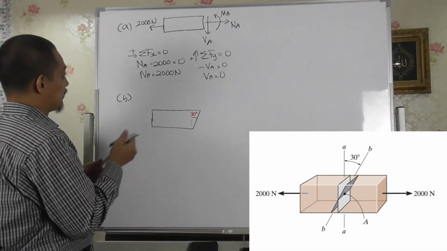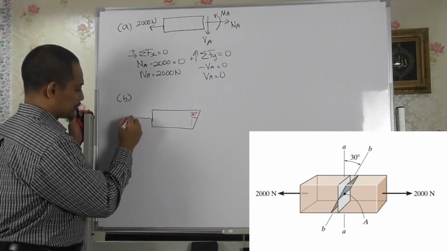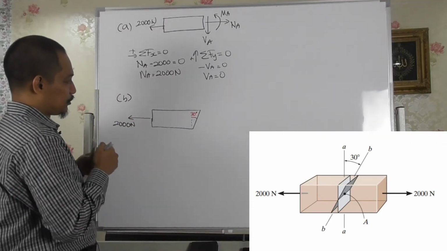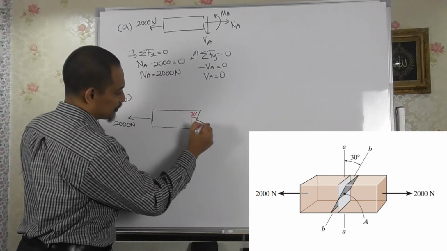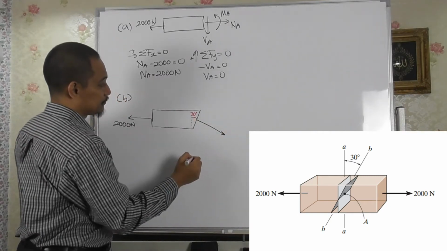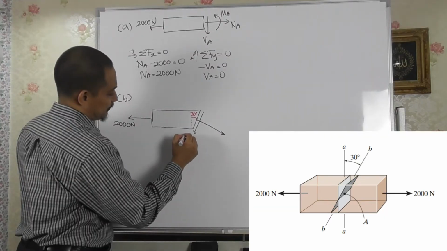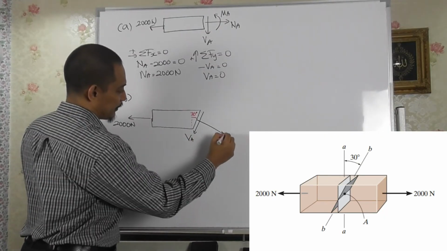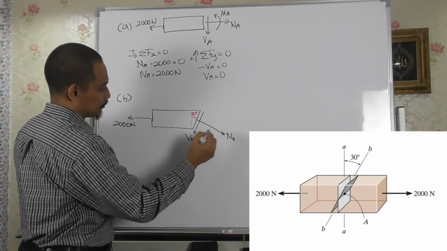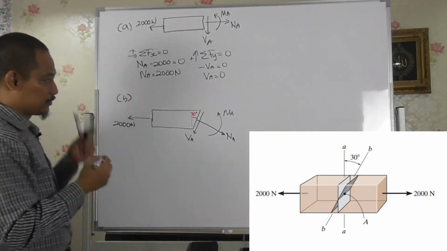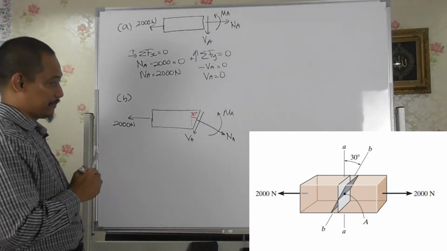In that case, this is the 2000 Newton. So we'll have the normal is there and the shear is there, so VA and NA. Of course you have the MA there, but anyway, we are focusing on VA and NA.